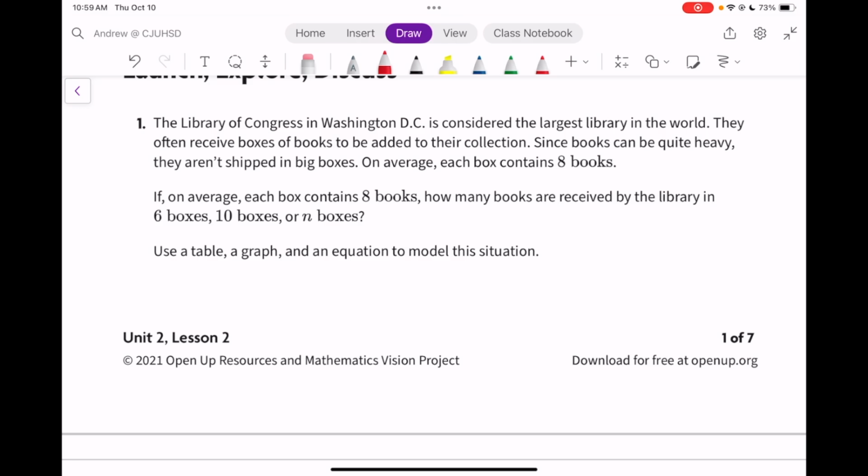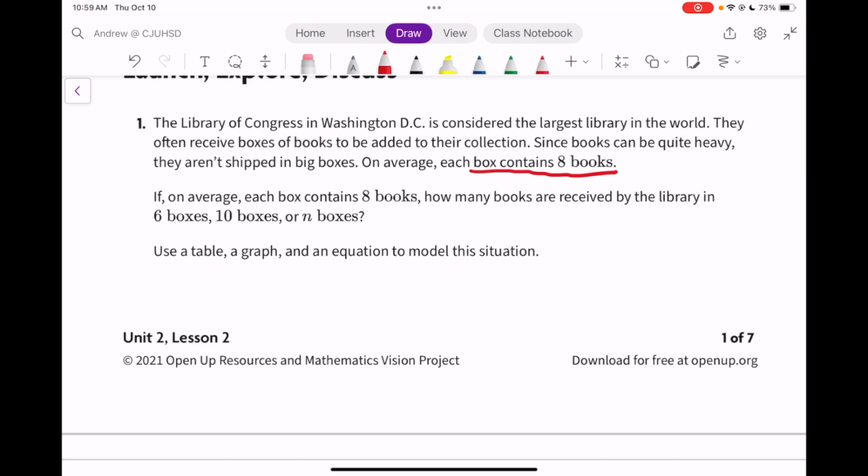The Library of Congress is the biggest library in the world, some people think. And they have books that are shipped there. The books can be heavy. They aren't shipped in big boxes. They're shipped in littler boxes, and each box contains about 8 books. That's a key piece of information.